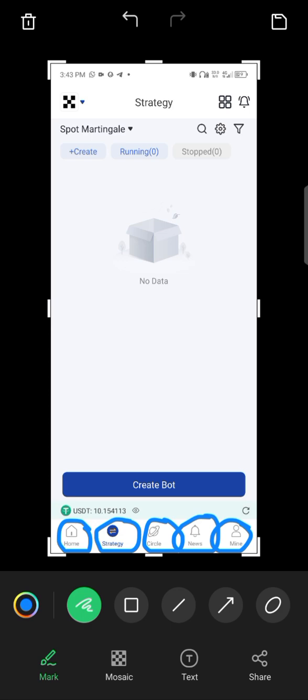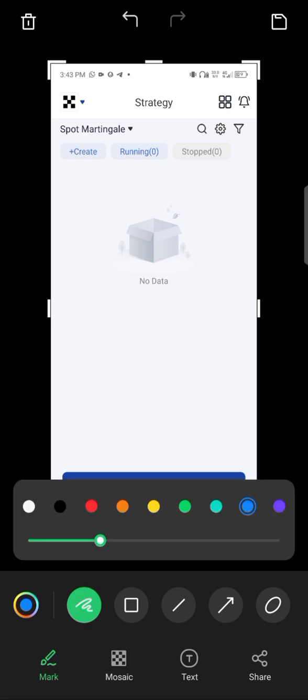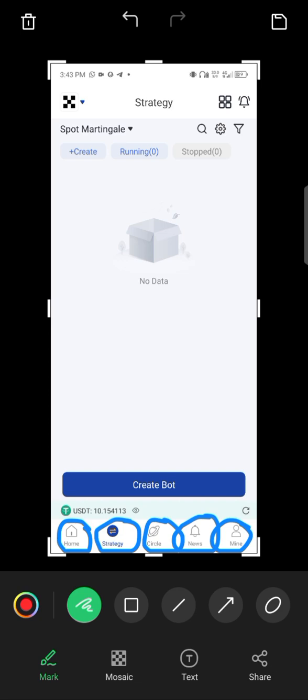Those are the options that we'll be using. Our first thing that we need to ask ourselves is, what am I going to do in the market? Am I going to do spot trading or futures trading? If it's futures trading, then I have to choose futures trading. If it's spot trading, I have to choose spot trading.